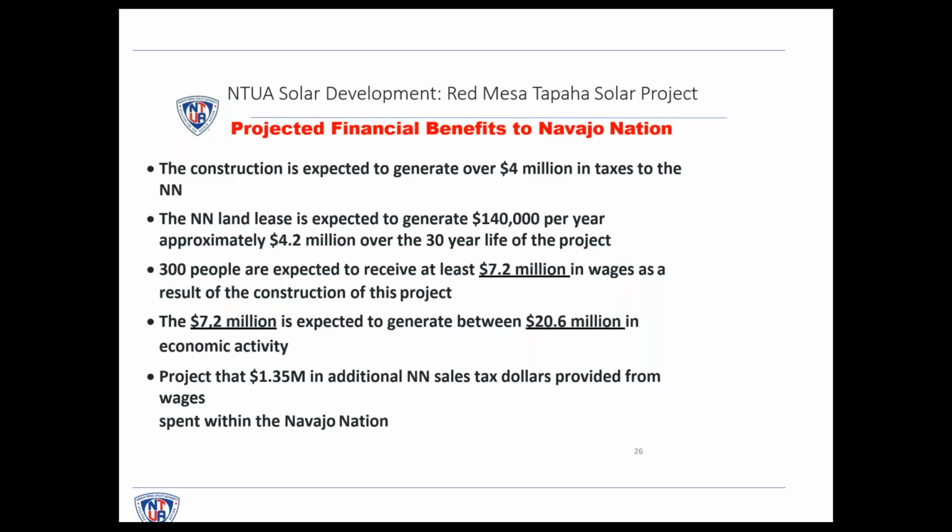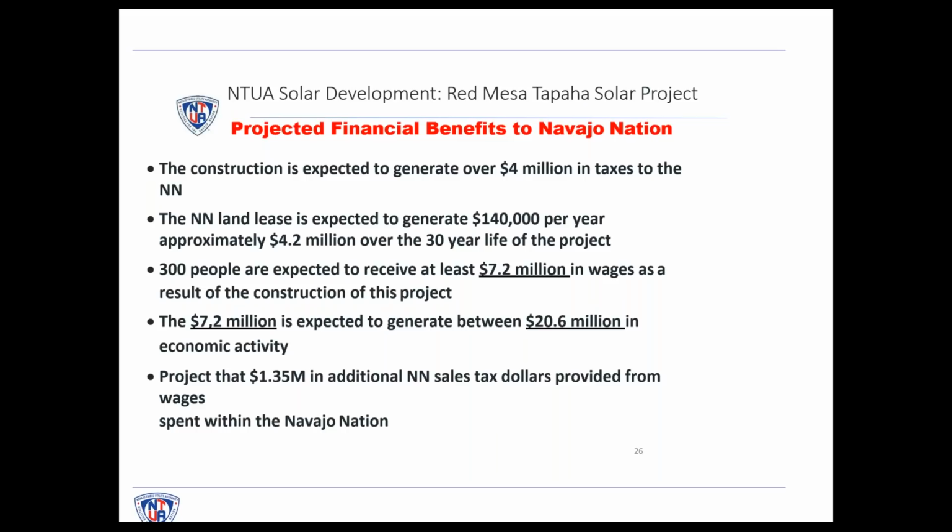Again, this particular project, Red Mesa, will generate about $4 million in taxes. It's expected to generate about $140,000 per year, or $4.2 million over the life of the project in lease and real estate taxes.